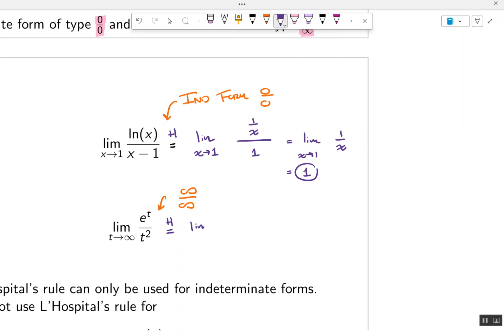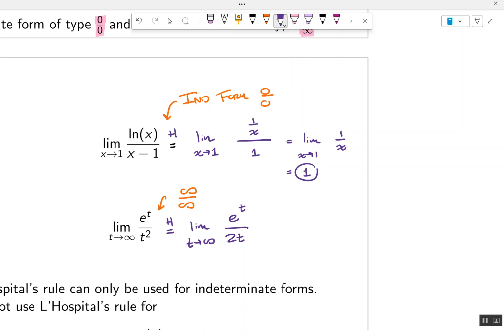So we now find the limit as t approaches infinity of the derivative of the top, which is e to the t, over the derivative of the bottom, which is 2t.